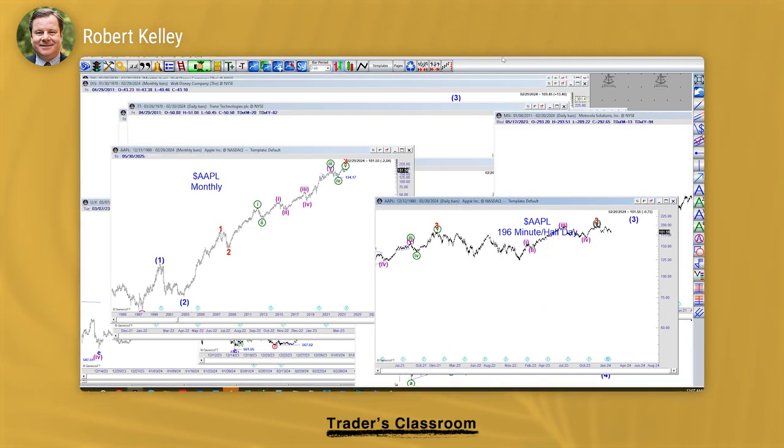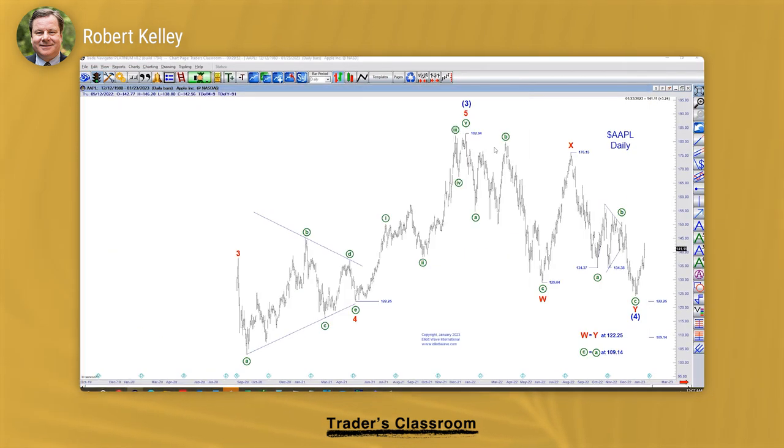The actual low for that wave 4 low was 124.17. So it was just a little bit above that really significant support level, which isn't a surprise. A stock like Apple, which has a history of going up long term, bottoming a little bit above support and turning up really isn't a surprise.